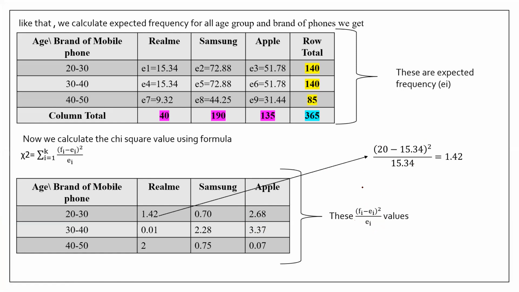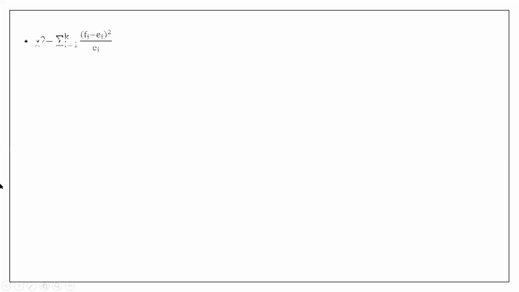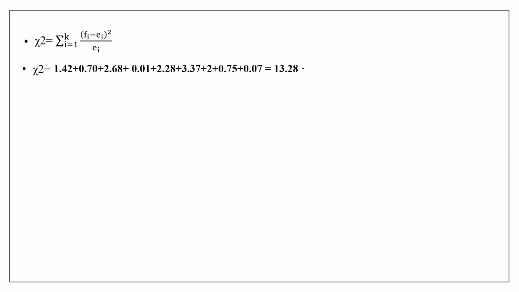So for chi-square, I just had to do the summation now. We add all these values, 1.42 plus 0.70 plus 2.68 plus 0.01 and so on up to here, and we get the chi-square value as 13.28.